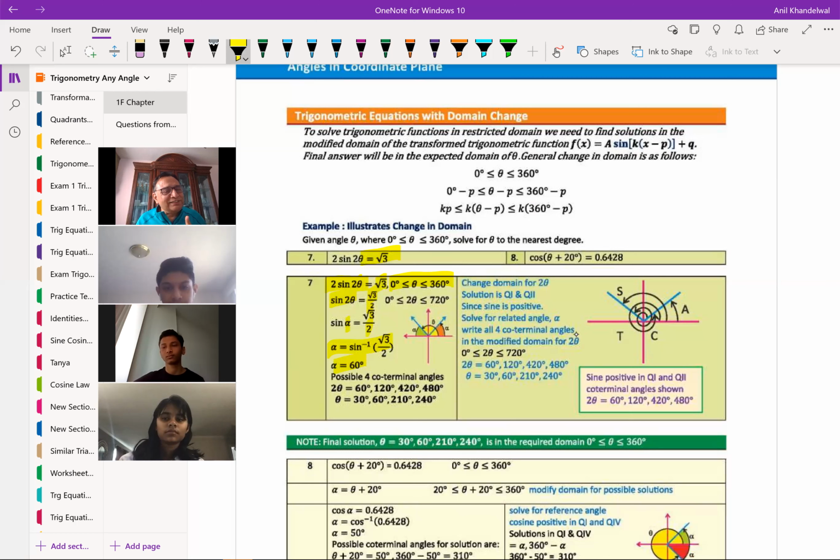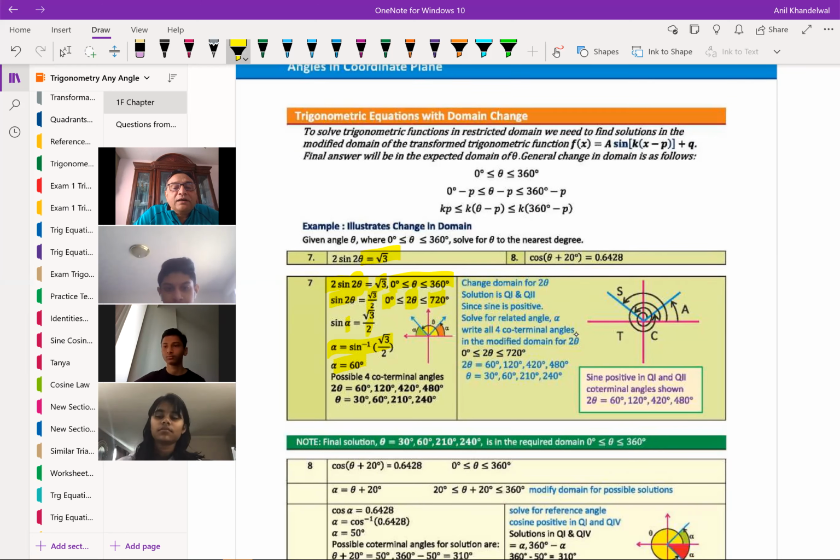Remember, we are not talking about just theta. The argument is 2 theta. So if theta is between 0 and 360 degrees, then 2 theta will be in the interval from 0 to 720 degrees. We have to change the domain based on our argument, so instead of theta being from 0 to 360, we'll work on 2 theta being from 0 to 720.